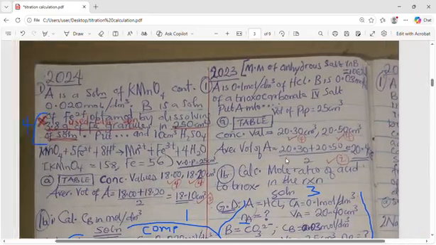Now look at 2024. They said this is a solution of iron 2 plus obtained by dissolving 3.8 gram of iron granules in 250 cm cube. Have you seen it now? That's if they give you grams in cm cube of solution, and they ask you to do some calculations. Now in this case, they did not mention pure or impure, but they said they dissolve iron granules in something.